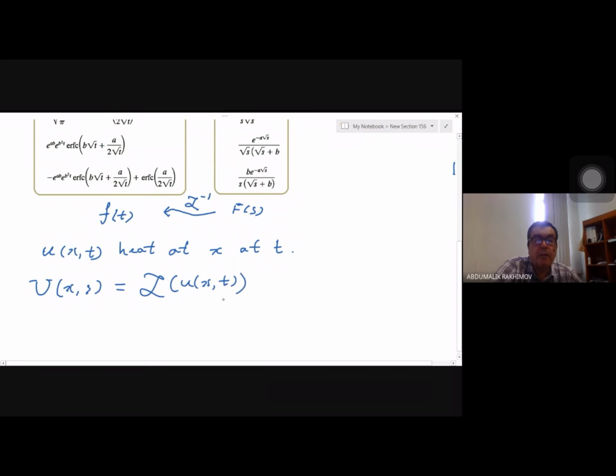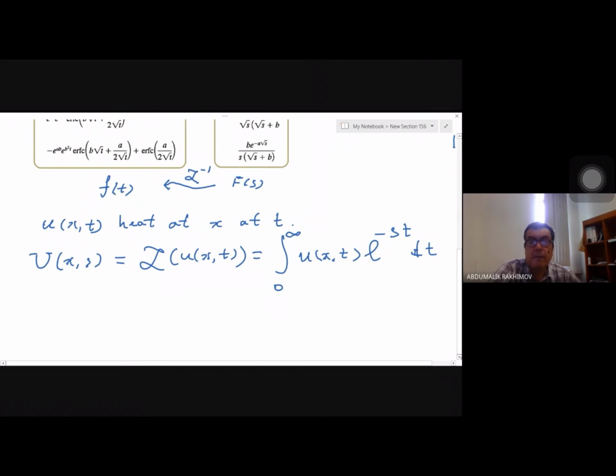The result will be a function of x and s. By definition, it is the integral from 0 to infinity of u(x,t) exponential minus st dt. This is the Laplace transformation of u(x,t), and we denote it by capital U.